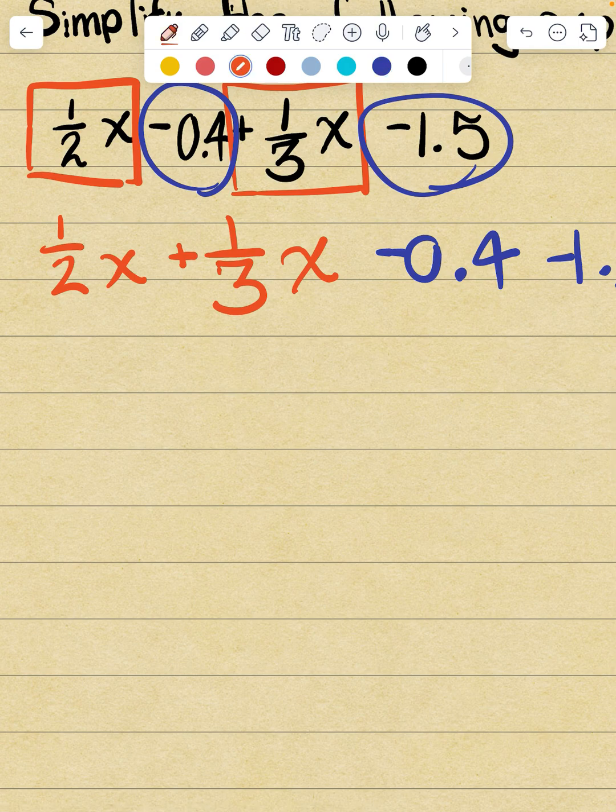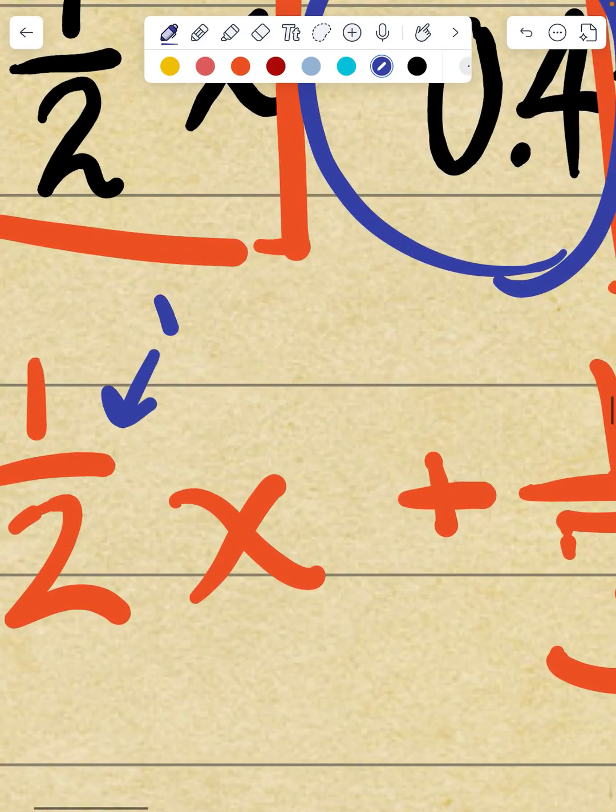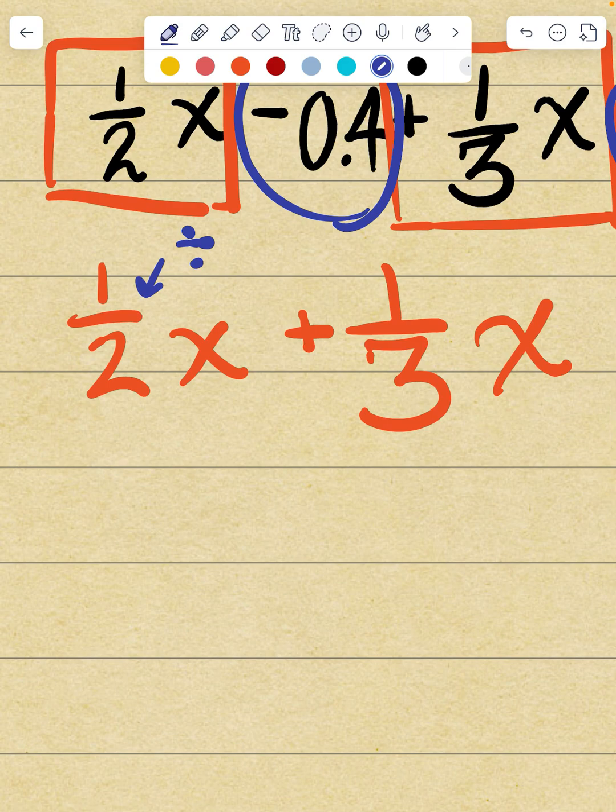Okay, so I've got it rewritten. Now I'm going to go ahead and add these things. This, to me, is really scary, because I'm like, how do I add these two fractions? Of course, you could make them into a bigger fraction and add them, but because we have decimals included, I'm just going to turn every single thing into a decimal. This line right here means divide, so what this is saying is 1 divided by 2. 1 divided by 2 is 0.5.